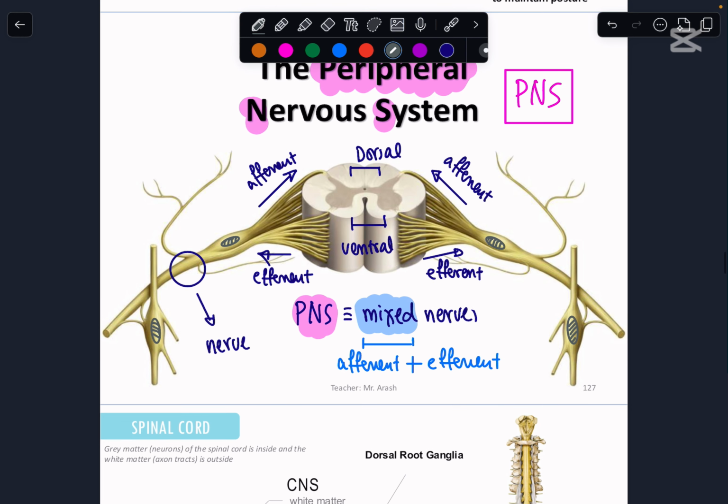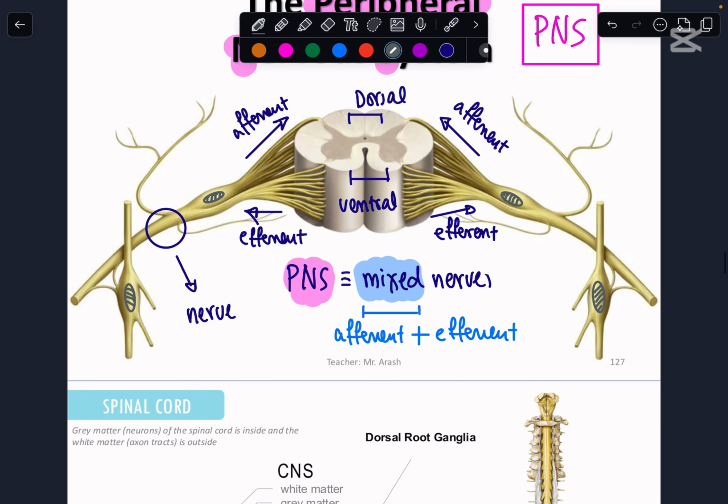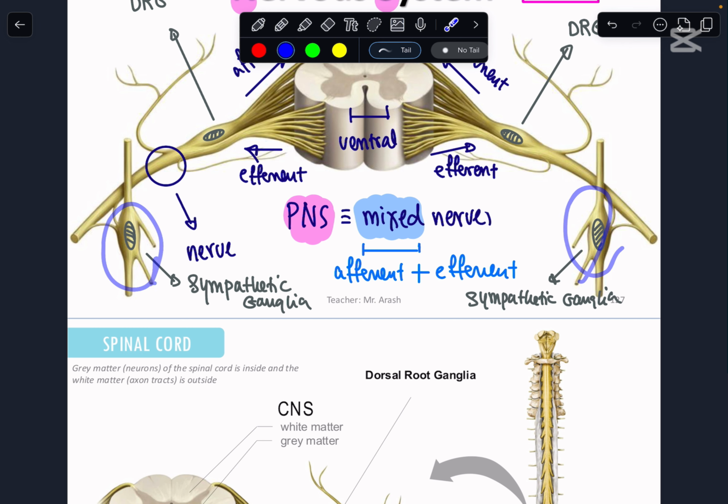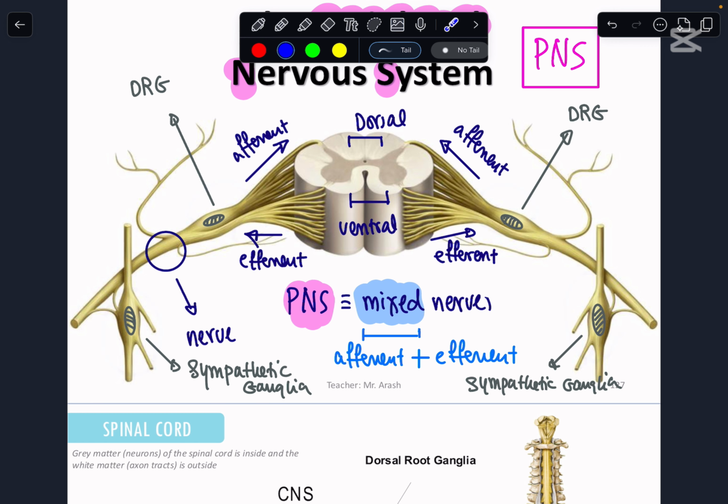Essentially what we have here, guys, is first of all, these are called dorsal root ganglia, DRG. That's your DRG or dorsal root ganglia, which we saw before. We call these ones sympathetic ganglia. And here you can see there's a pair of dorsal root ganglia.